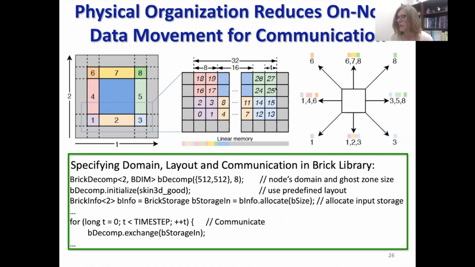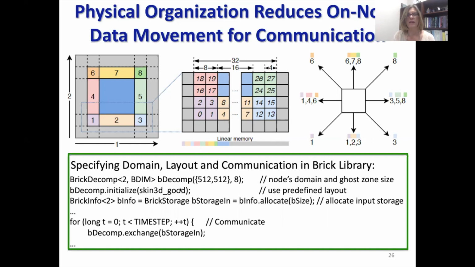So the numbers in the middle figure reflect the physical organization of the data. For example, what their index would be in brick storage from the previous slide. By optimizing the physical layout for communication, the communication is pack-free. So the bottom of the slide shows some of the brick library functions that support this data layout and ghost zone exchange.